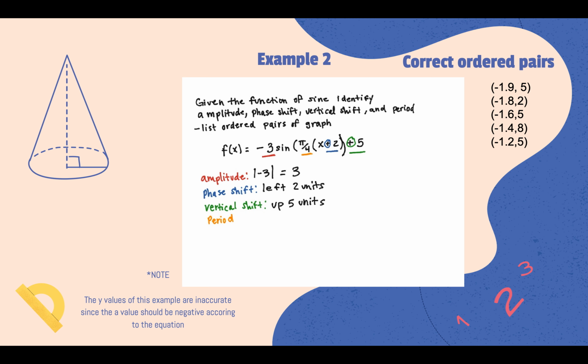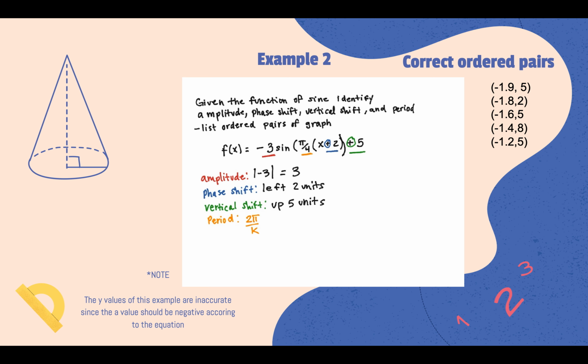And then finally, we're going to look at our period, which we know the period is equal to, for the untransformed graph, 2 pi, or in our case, it's going to be 2 pi over k. In our case, our k is pi over 4.